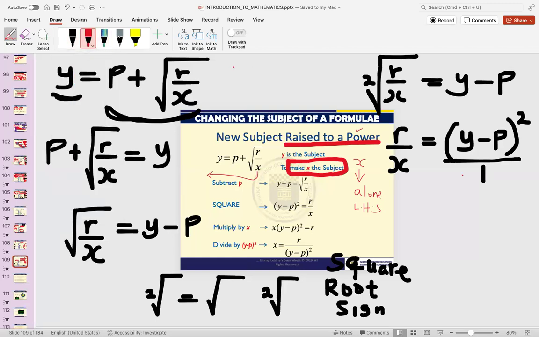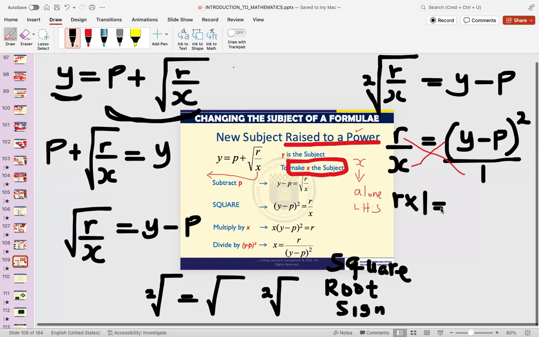So it means that this 1 will multiply this r, and then this x will multiply this y minus p all squared.